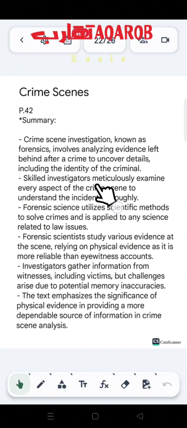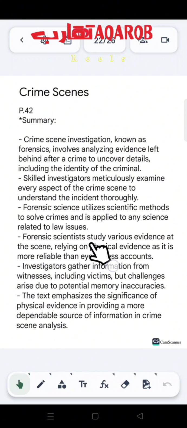Skilled investigators meticulously examine every aspect of the crime scene to understand the incident thoroughly. Forensic science utilizes scientific methods to solve crimes and is applied to any science related to law issues.